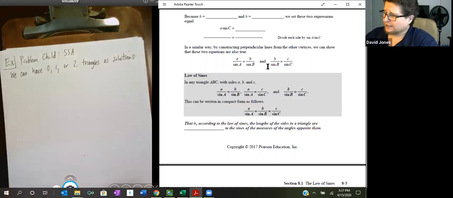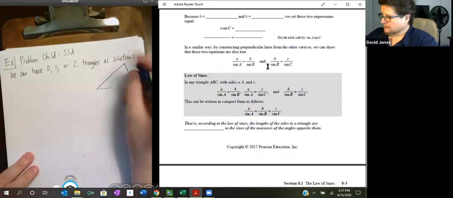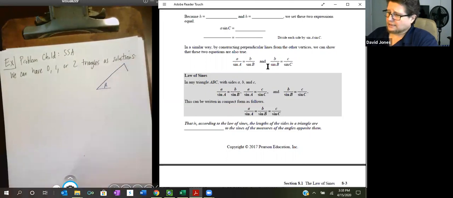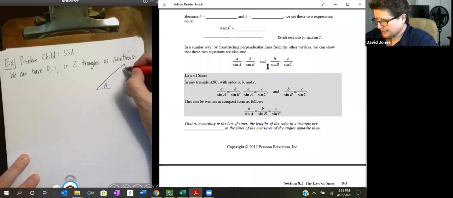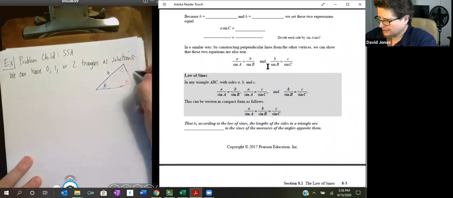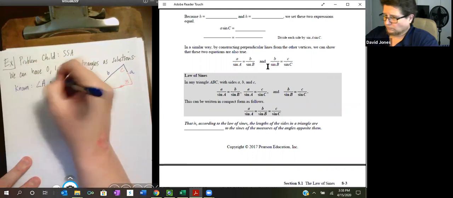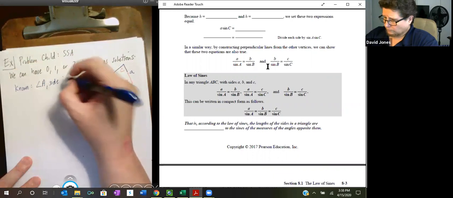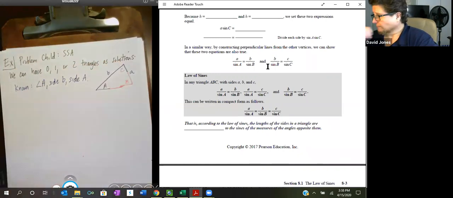So let's just say we're given this, so we'll call this angle A. That makes this down here angle B. And we'll call that C. And we know side B and side A. Okay, so what you've got to start off doing, if we look at the table, what do we have?